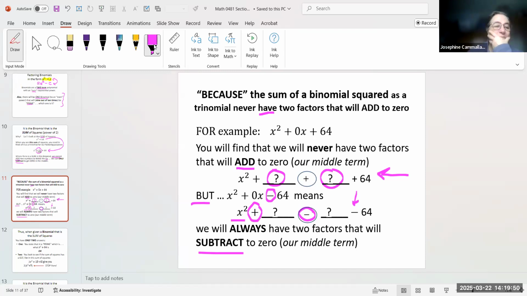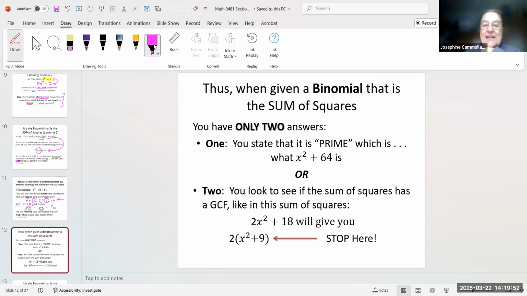And let's take a look. Remember I told you that this problem is going to be prime? Well, that's going to happen. If you have a plus in the middle, there's no way we can get 0x in the middle, even though it's not written.